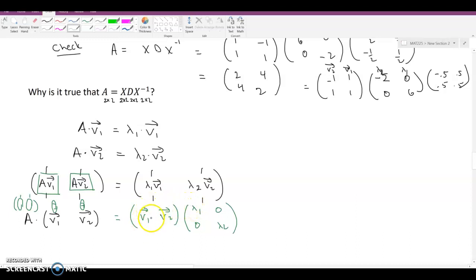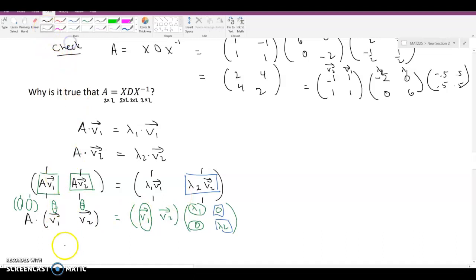That's a whole column right there of values. That value right here is going to scale that column. 0 is going to scale that column, and that's going to give me lambda 1 V1. So what I'm doing is pulling this apart into two separate matrices. Here I'll have 0 and lambda 2. 0 will scale V1 plus lambda 2 V2 will give me lambda 2 V2.